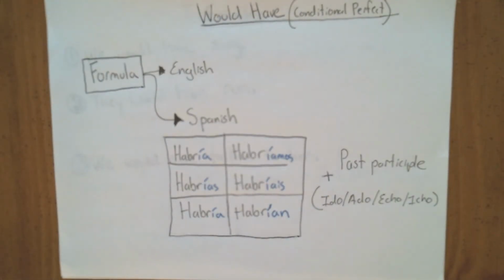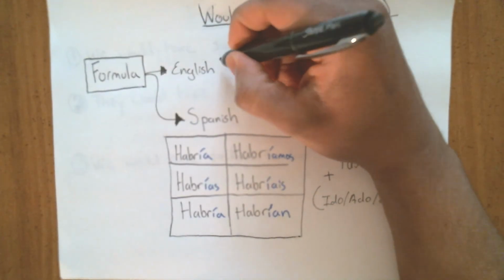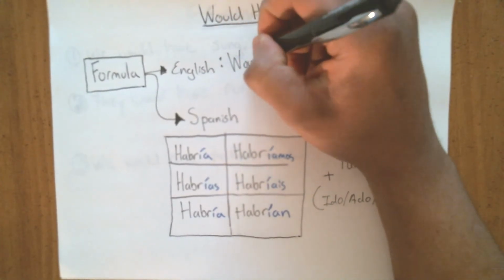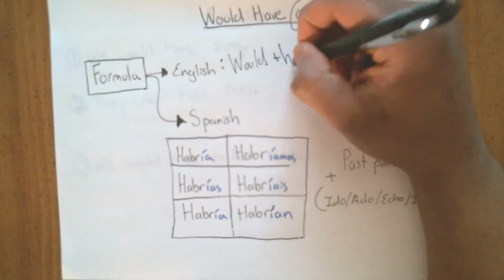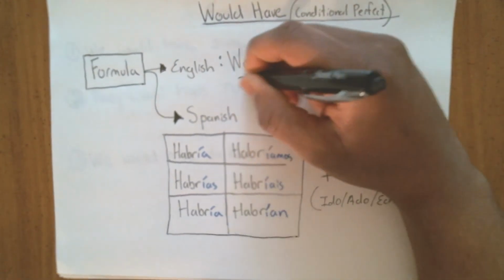So a would have statement is like if you said, she would have helped me, or I would have said this. Now, in English, your format is very simple. You just take would, then you take have, and then you take your verb, and then you're pretty much done.